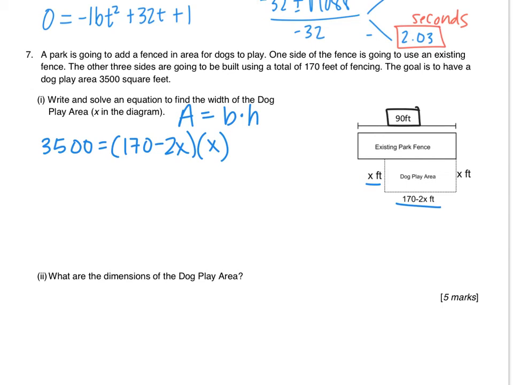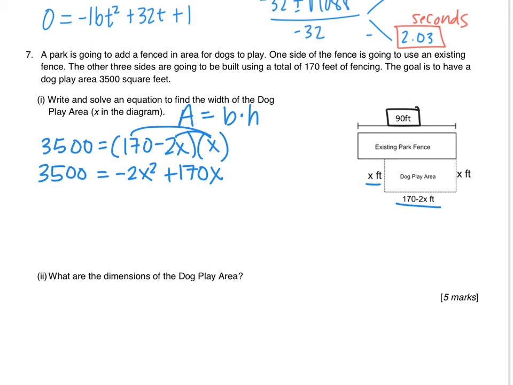Okay, so I'm going to distribute this x. And I'm also going to flip the order around so that my x squared is first. So I multiplied both these numbers up above by x, but I also wanted to have my x squared be the first one in the order.